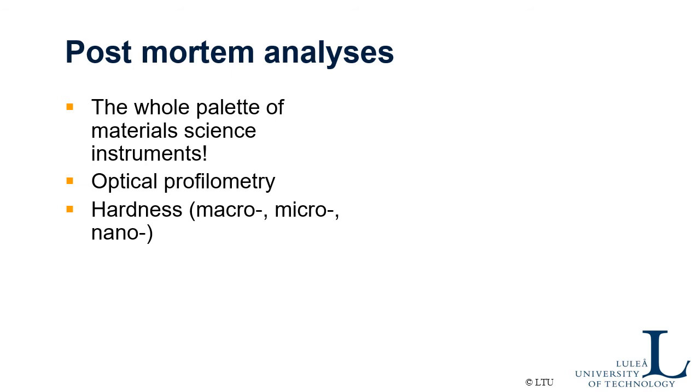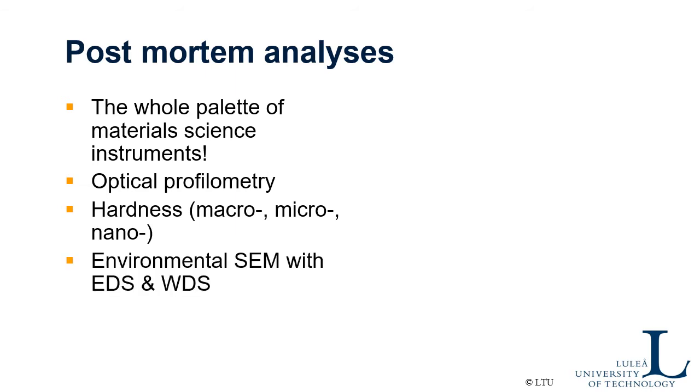Hardness measurements could also be done before and after, to see how the material's properties have changed. And then you have, as I said, the material science instruments, SEM with various tools inside. You can see if you have some materials present on the surface. For example, if you have some concentration of materials in certain parts of the contact, it will help you to understand or explain the processes.